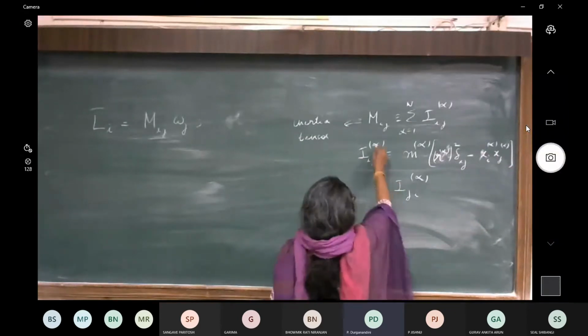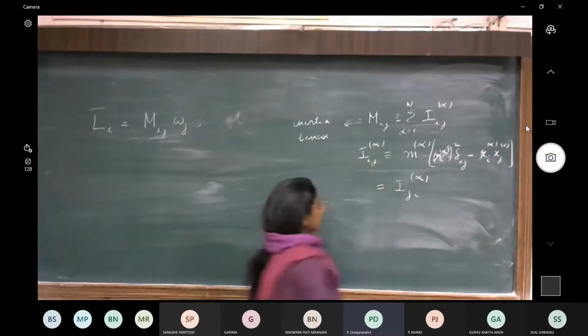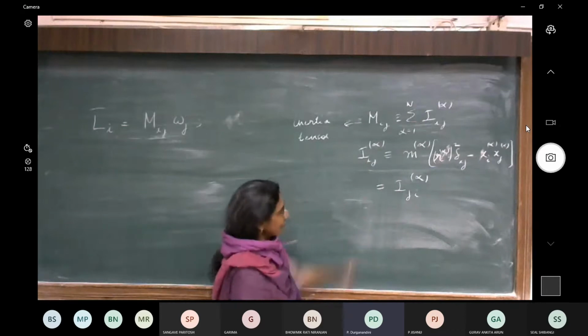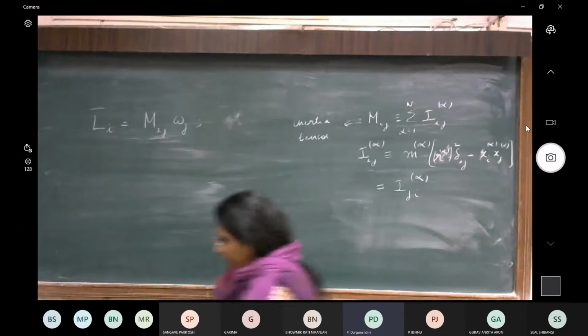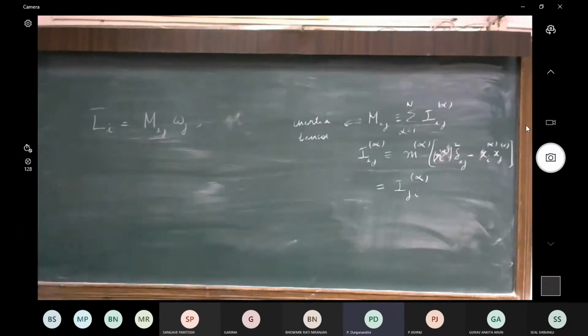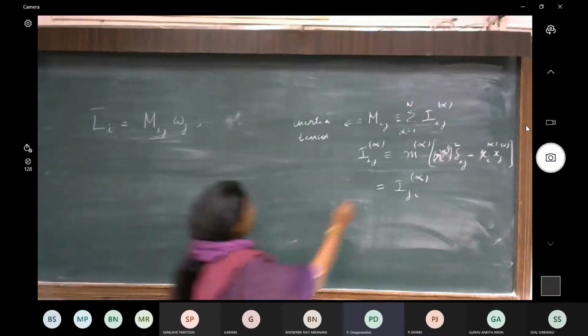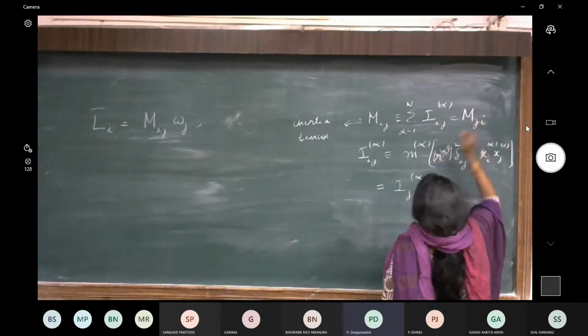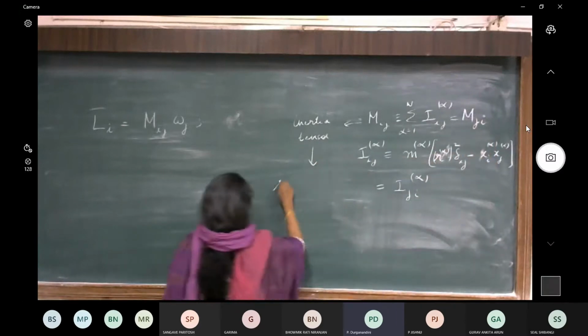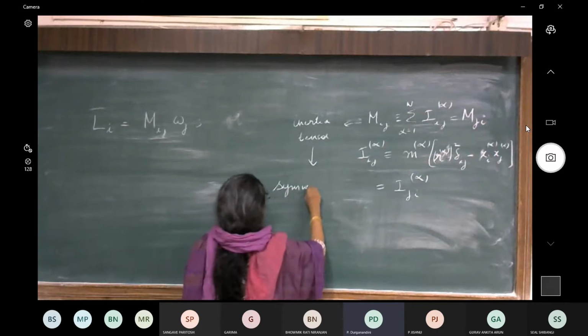Or in other words, for the alpha particle, this I is a symmetric tensor. So for each alpha it is symmetric, and I'm summing up over n such symmetric tensors. Therefore, what you can see is that this I is a symmetric tensor. So the inertia tensor is a symmetric second rank tensor.